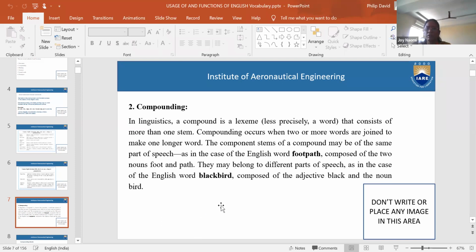So blackbird. Can you think of some more compound nouns? Cupboard. Yes, very good. Cupboard, blackboard, blacksmith. Notebook. Very good. Notebook, bookshelf.